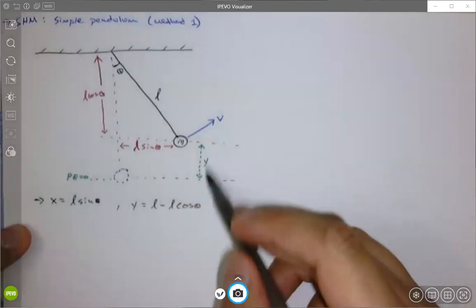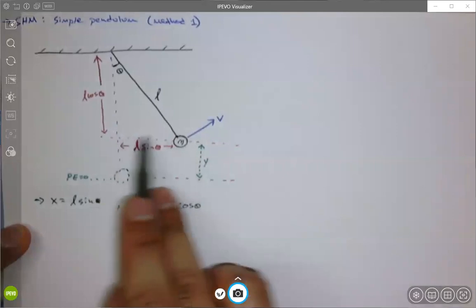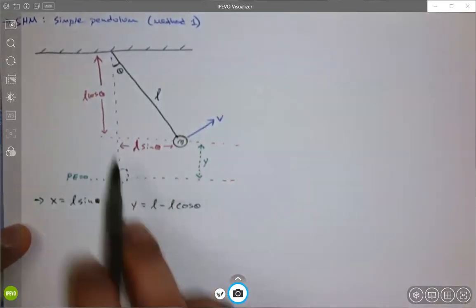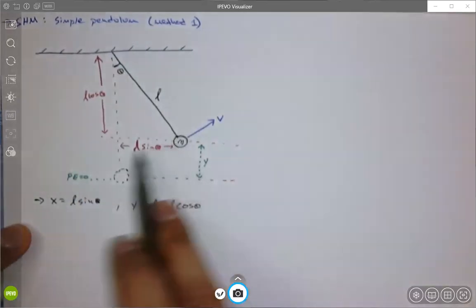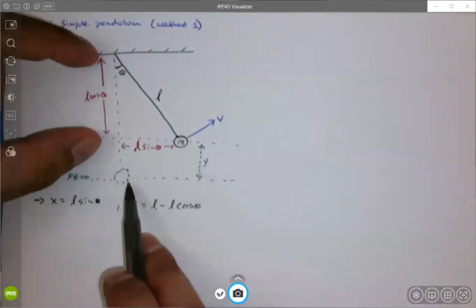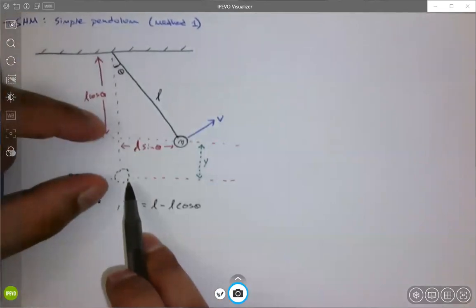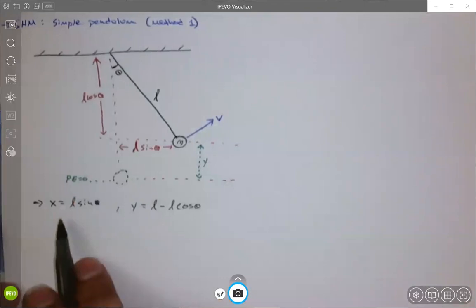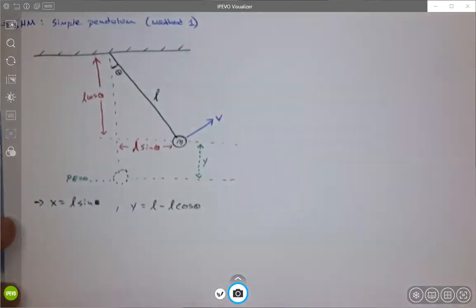So y is this distance right here, x is the distance from here to here. Now, why is y L minus L cosine theta? Because the entire string, when it's down here, is going to be a length L, and you have to subtract this distance from it to get the delta y, or the y value. So those are our generalized x and y coordinates.